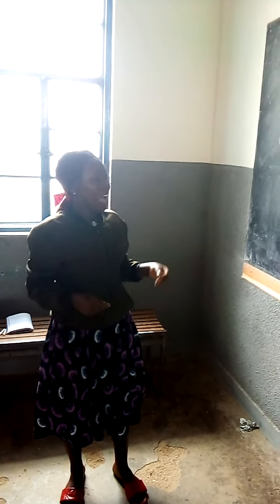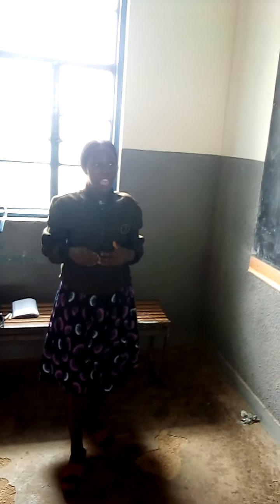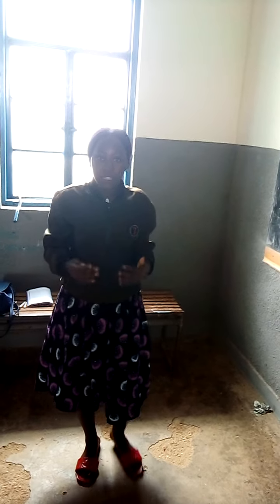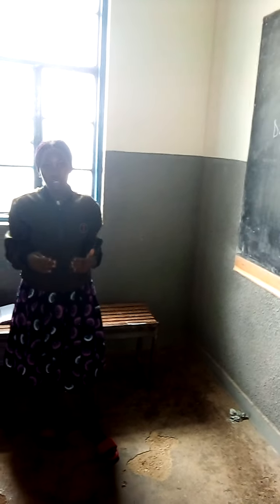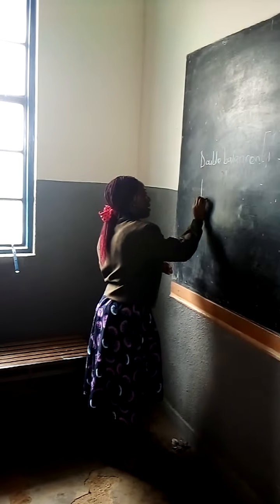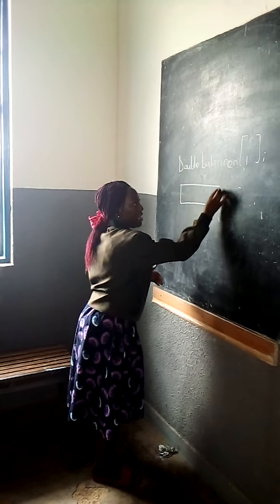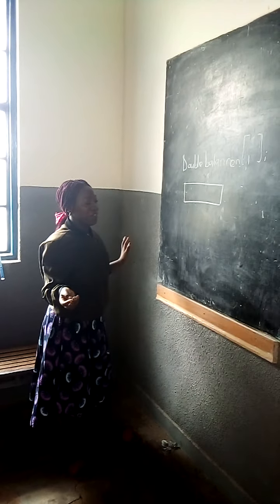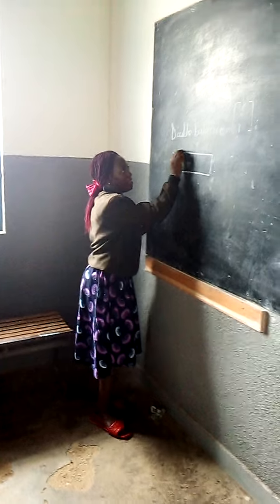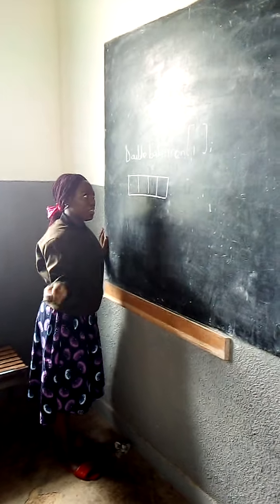So here in arrays, the lowest number corresponds to the first element. Let me give you an example. Here we have our numbers, and every number starts with 0.